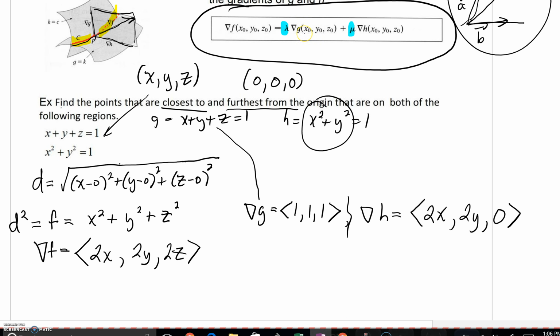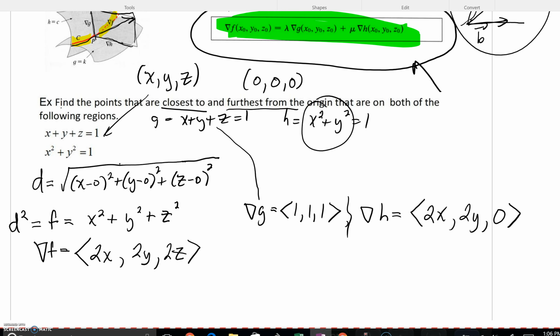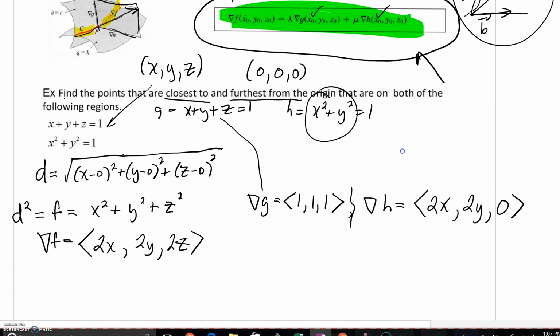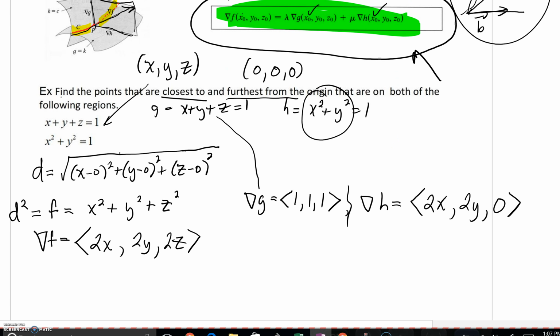Now, if you look at the top of the screen here, this right here is the key. This, without a doubt, is where we're going. The x component is going to be related to the x components in these other gradients. The gradient of f is going to be what we call a linear combination, this multiplication here.